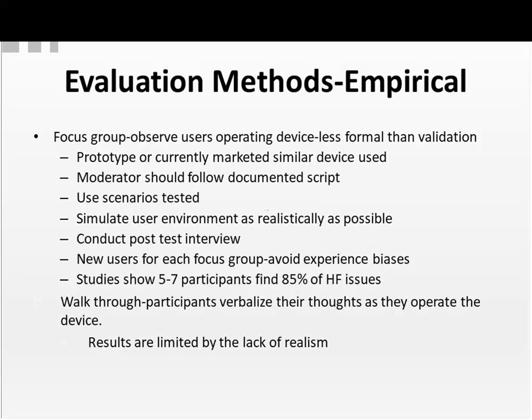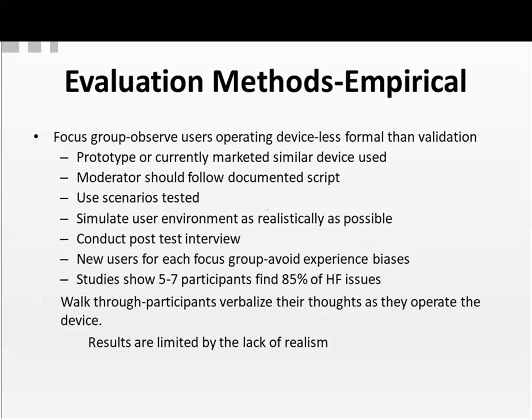Now, these studies are done during development, and you'll do multiple studies. It's important that each time you do a focus group study, you have new users. You want to avoid experience biases. You don't want people to get smarter.